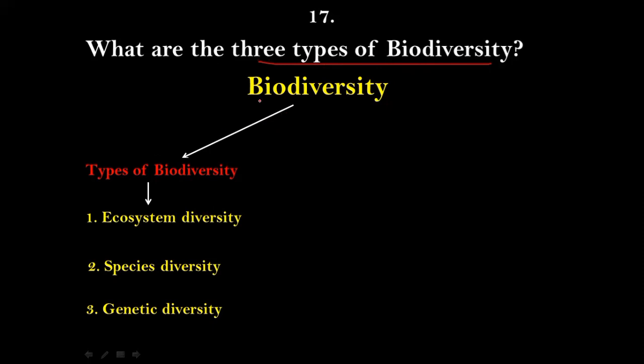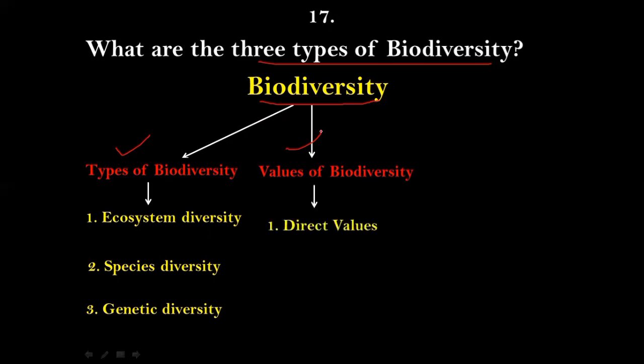So like I've mentioned earlier, when we talk about biodiversity, it's very important to know the three most important topics. The first one is the types of biodiversity, and the second one is the values of biodiversity. So what are the two values of biodiversity? We have the direct values of biodiversity and the indirect values of biodiversity.